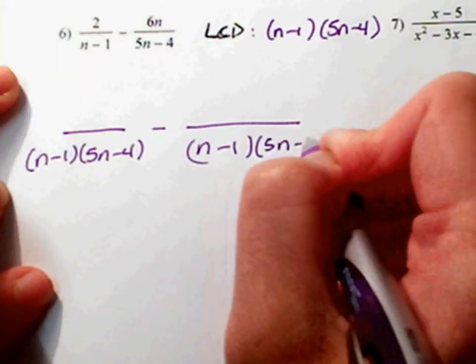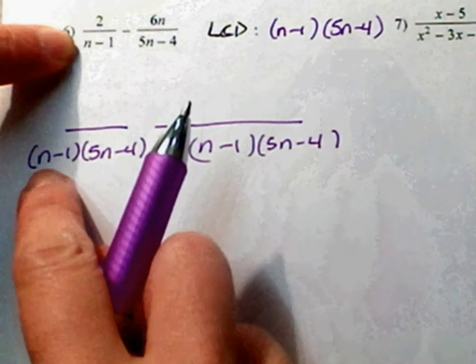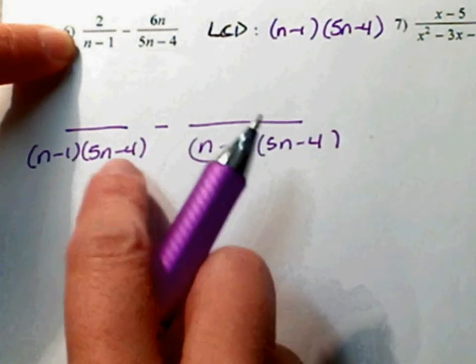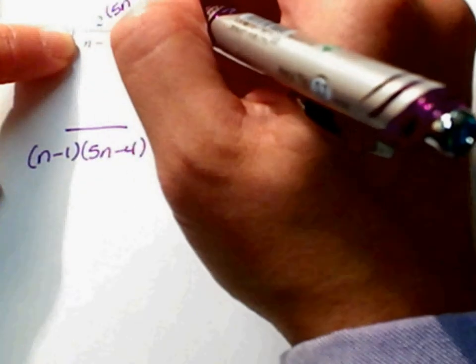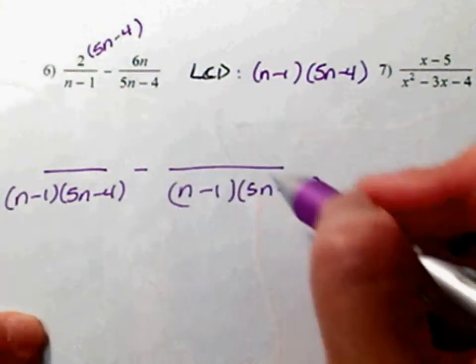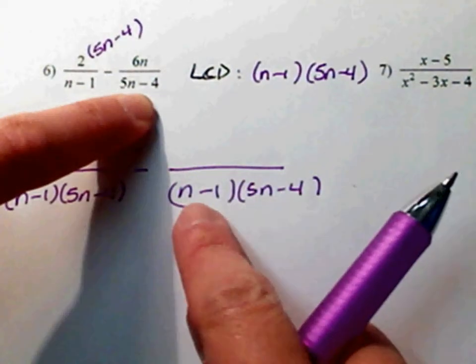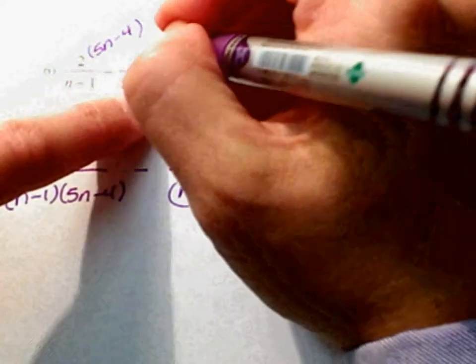All right. Look at that first term. N minus 1 is accounted for. What is not? 5n minus 4. So I'm going to multiply this one times 5n minus 4. Okay? Take a look at this one. 5n minus 4 is accounted for. N minus 1 is not. So I'm going to multiply this one times n minus 1.